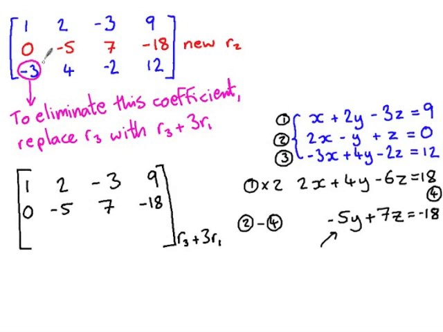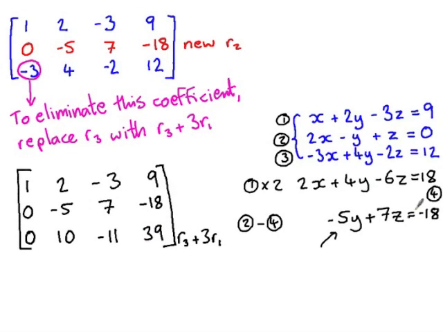So negative 3 plus 3 times 1, that's 0. 4 plus 3 lots of 2 is 10. Negative 2 plus 3 lots of negative 3, that's negative 11. And 12 plus 3 lots of 9 is 39.